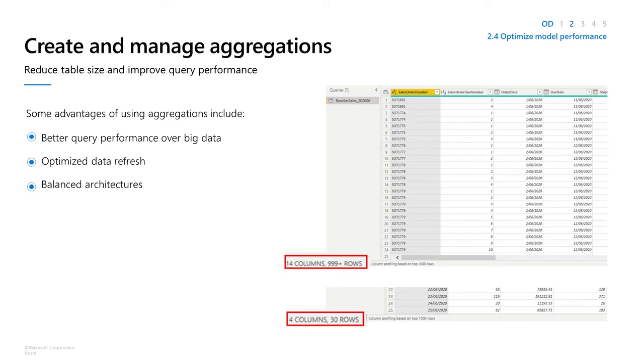Now, one of the things that we can also leverage to optimize our performance is to create aggregations and manage them over a period of time. You don't want every single user creating their own aggregations. Where aggregations can be really useful is that you don't have to expose the most granular data, let's say on a daily or an hourly frequency, to your end users.